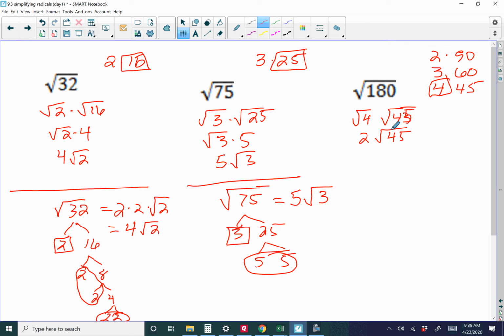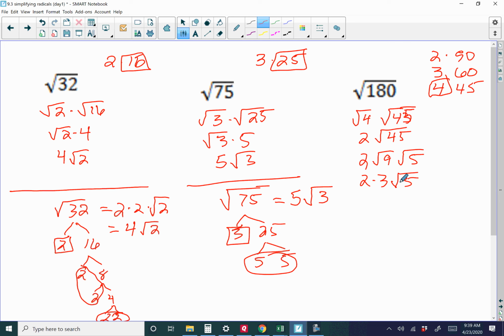So what are the factors of 45? I can break this up into 2 times the square root of 9 times the square root of 5. Square root of 9 is 3. So this becomes 2 times 3 times the square root of 5.